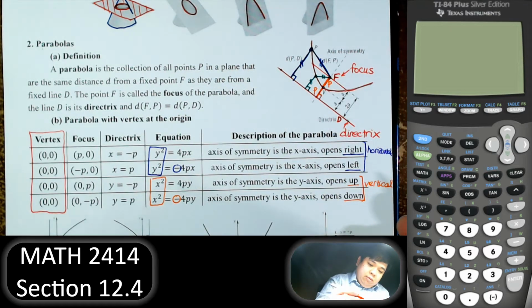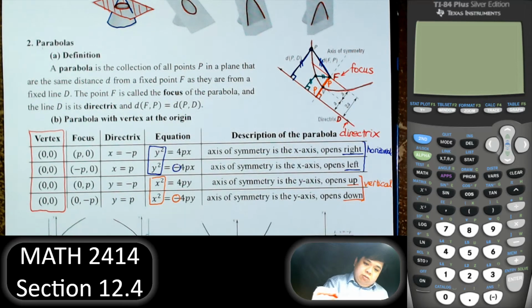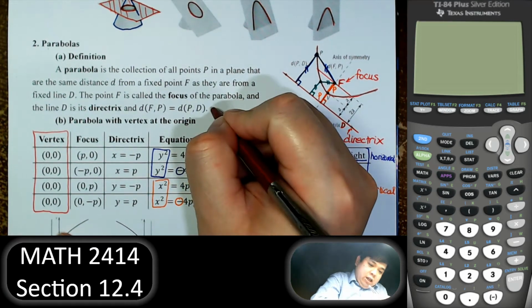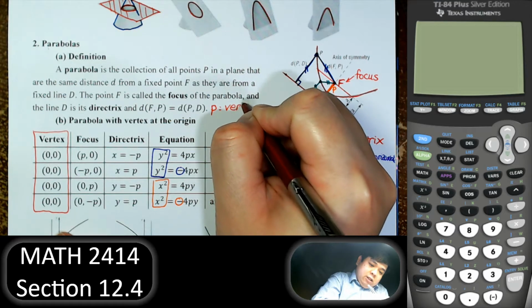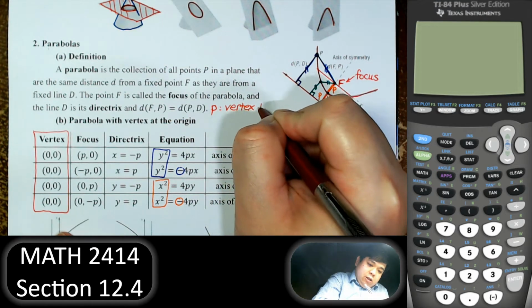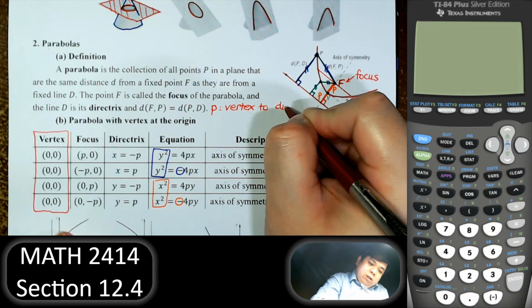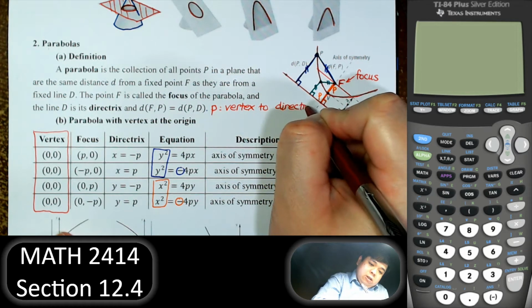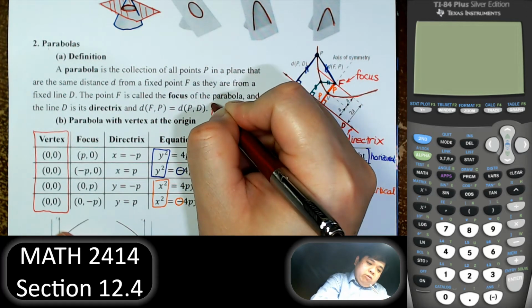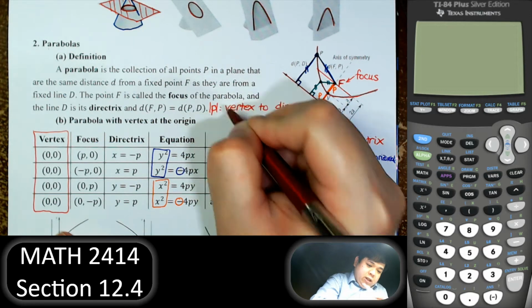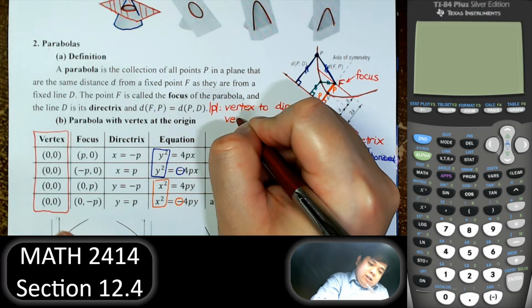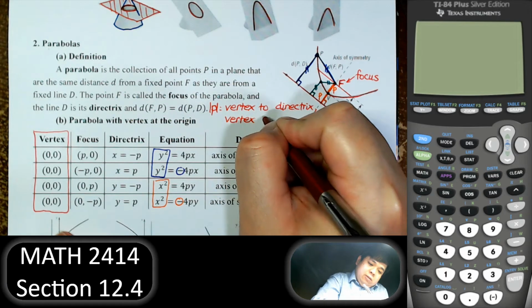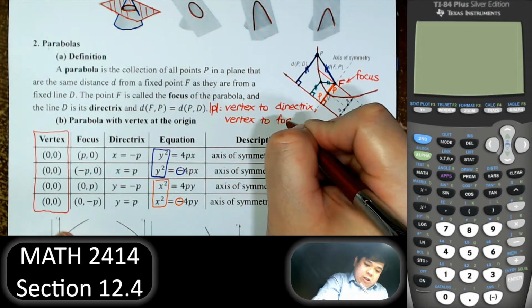So first of all, this I should write somewhere. So P is the distance from the vertex to the directrix. We're talking about absolute values, just to be clear. Or from the vertex to the focus.